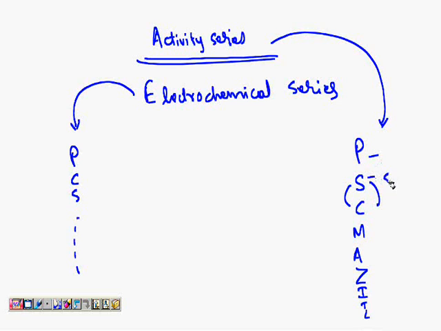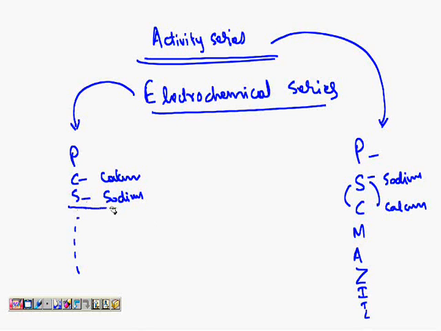Here S is sodium and C is calcium. Here calcium comes first and then sodium. So in the electrochemical series, sodium is easier to discharge than calcium.